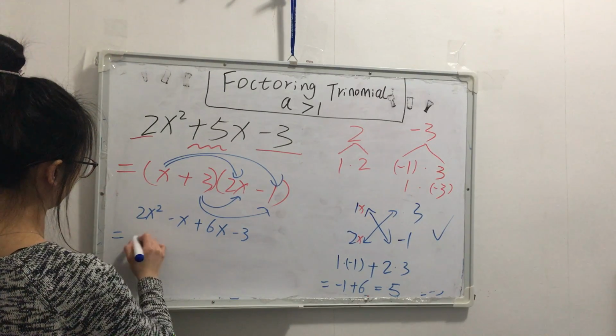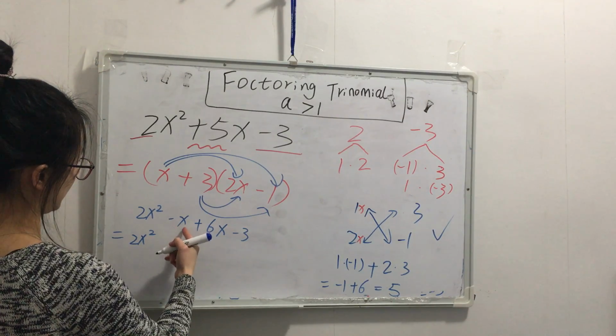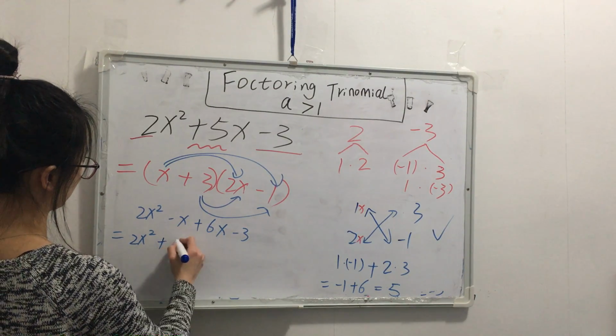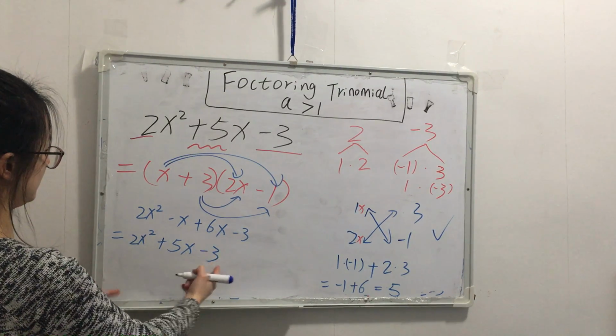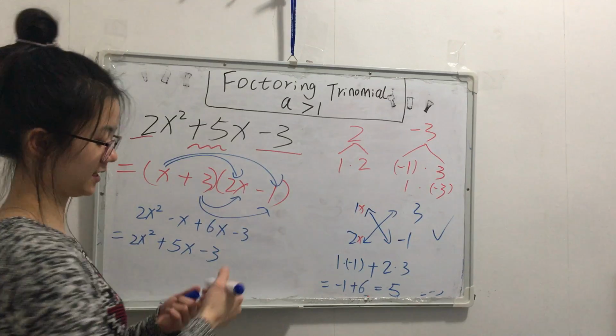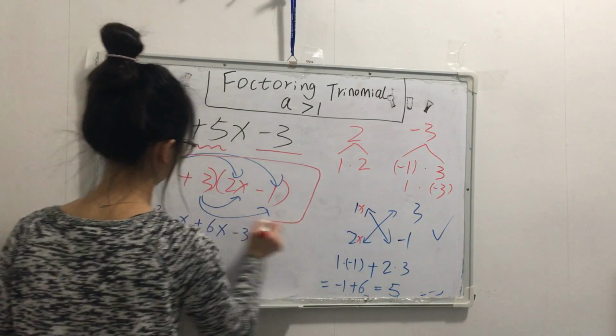Then we combine the like terms. 2x squared, negative x plus 6x, which is 5x, right? And then negative 3. See, this is exactly the same as this. This is our answer.